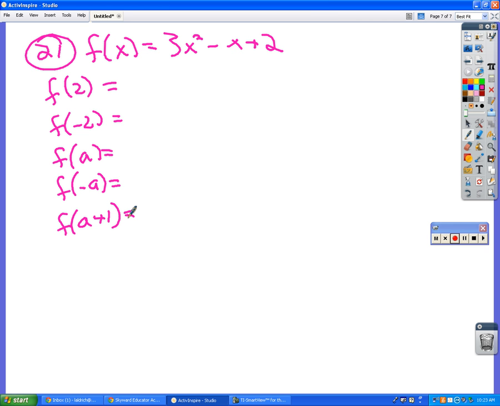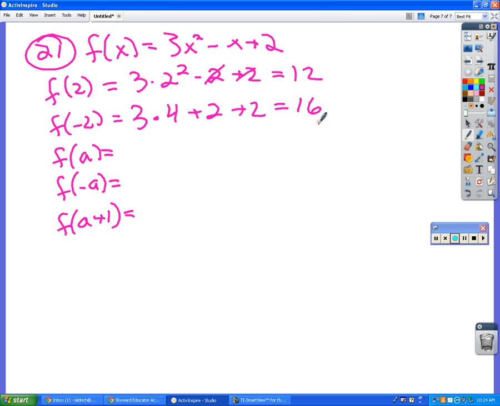All right. So number 21, f of 2 means just plug in 2 for the x. 2 squared is 4, times 3 is 12. These are going to cancel, so the answer is 12, right? Yes. Okay. Next one, 3 times 4 plus 2 plus 2, so that's going to be 16.